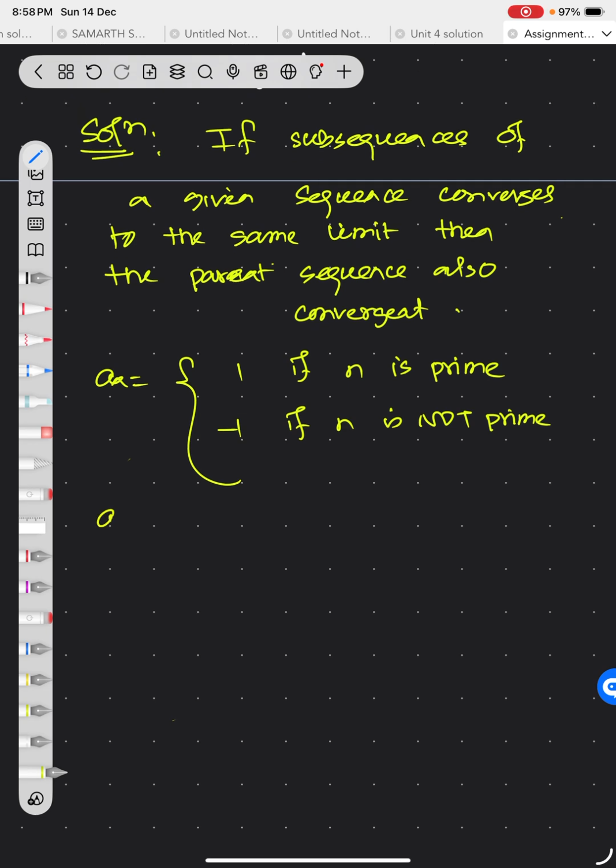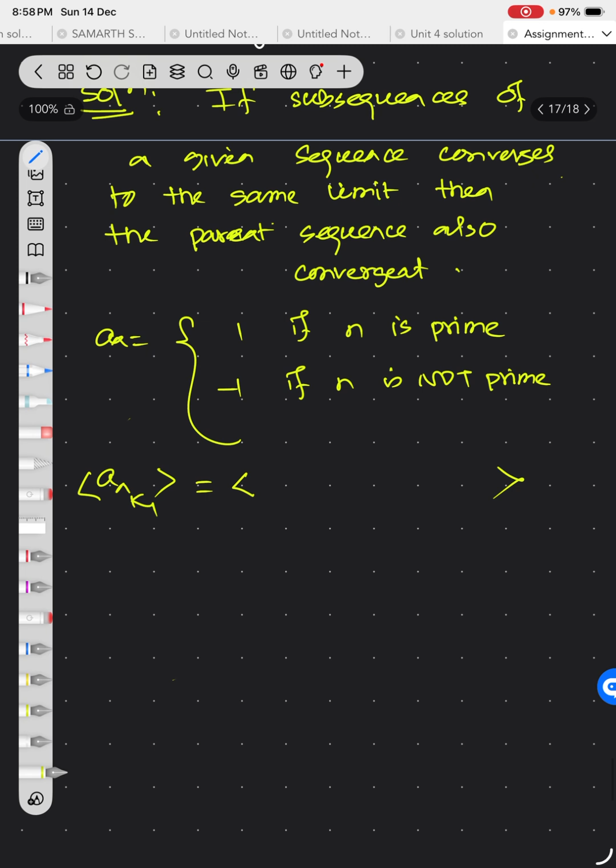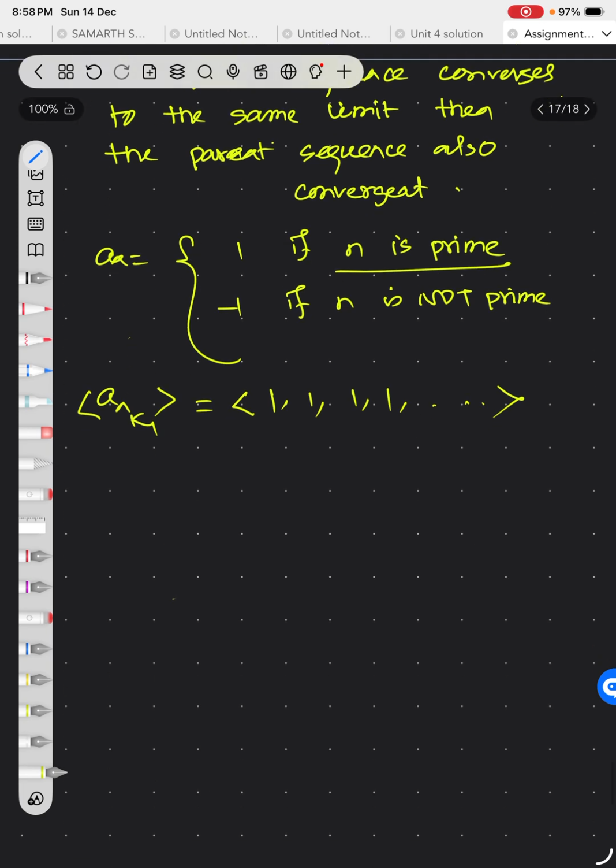The first subsequence, say a_{k1}, is defined when n is prime: 1, 1, 1. This represents a constant subsequence. The second subsequence is minus 1, minus 1, minus 1. This also represents another constant subsequence, if we treat n as not prime.